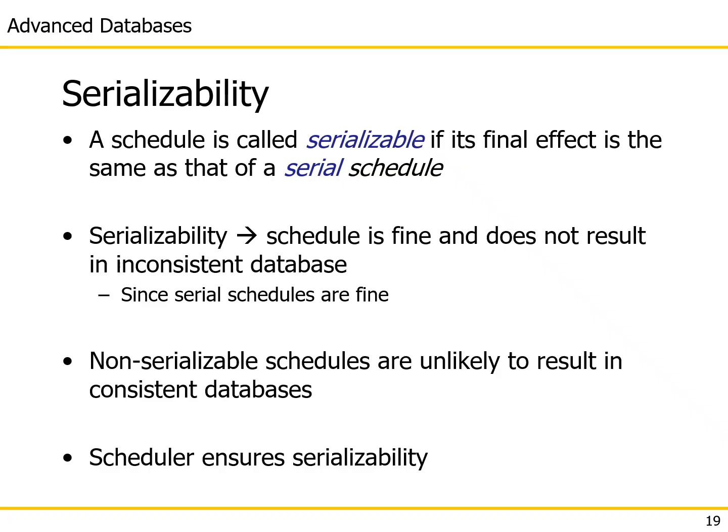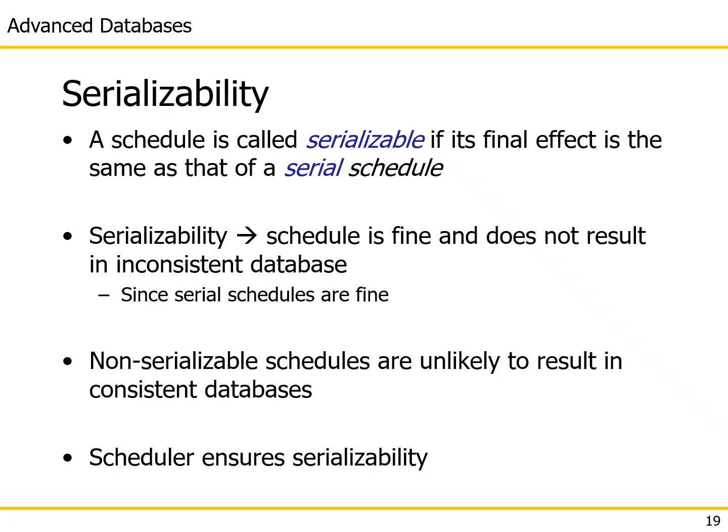So, what are we going to do? What we are actually going to do, or rather the database engine to be exact, is come up with serializable schedules. What is a serializable schedule? Let me read it. A schedule is called serializable if its final effect is the same as that of a serial schedule. So as I told you, when we have two transactions, we have two possible serial schedules, T1 followed by T2 or T2 followed by T1.